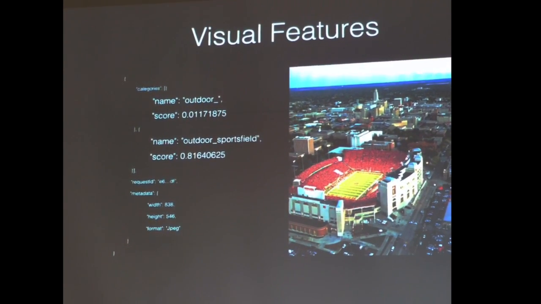I ran it against the visual features, not as good as the Google Vision API. It did get outdoor sports field though, which I thought was pretty good, and it's a fairly high percentage.